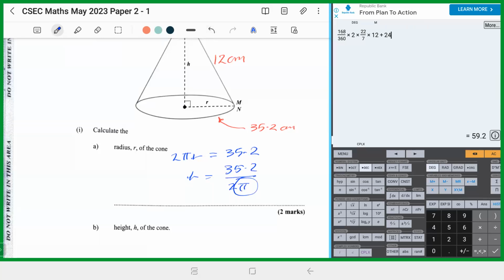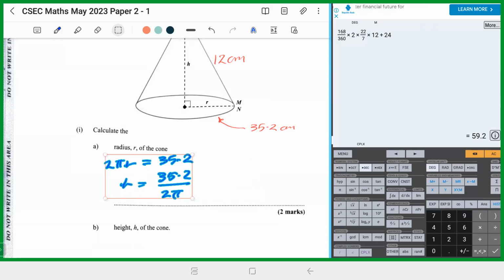So you're working this out. Remember, we use 22/7 for pi. I'm going to shift this over and show it. We're really working out 35.2 divided by 2 times 22/7.